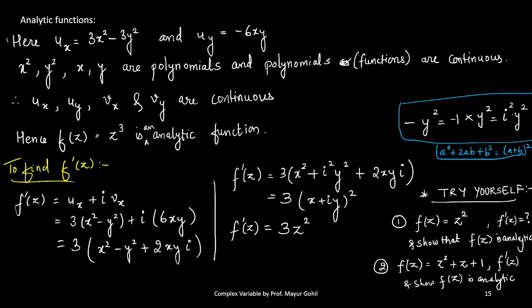Okay, so these are the two questions. The derivatives are very straightforward. For the first question you will get the answer 2z, the second one you'll get 2z plus 1. Okay, that's very straightforward and very much in line with what we have done here. If you do not get it, let me know in the comment section. I'll help you out with another video lecture possibly on those two.